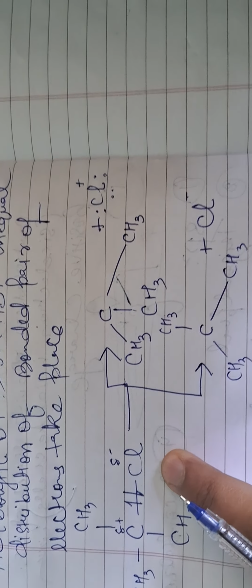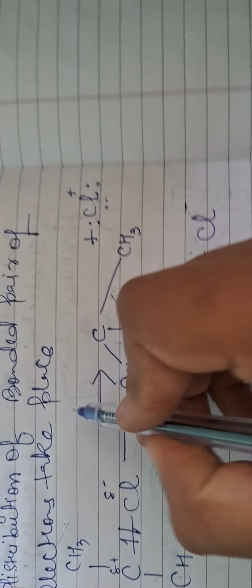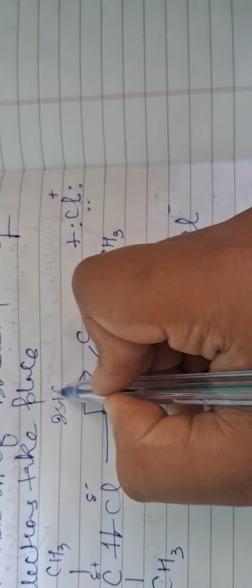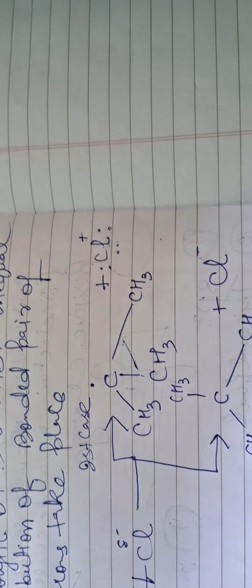In the first case, we know chlorine has 7 electrons in its valence shell. Firstly, carbon will take its own electron. There will be no charge because it is its own electron, so there is no charge on it.